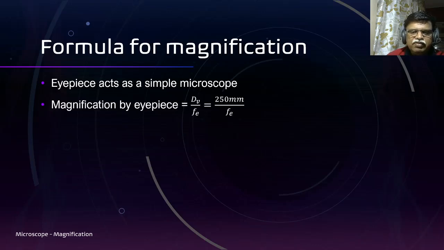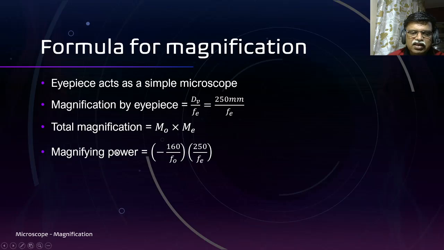Now the magnification of the eyepiece we have already seen is the distance of distinct vision upon the focal length of the eyepiece, and therefore the total magnification will be magnification by objective times magnification by eyepiece, and this magnifying power can then be given as −160 by focal length of objective multiplied by 250 divided by focal length of eyepiece. These numbers are given in millimeters, and therefore the focal lengths of objective and eyepiece should also be given in millimeters. The negative sign is only going to indicate that the image is going to be an inverted image.